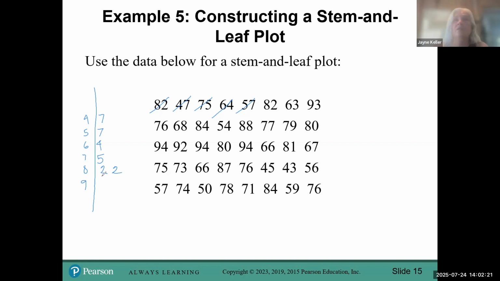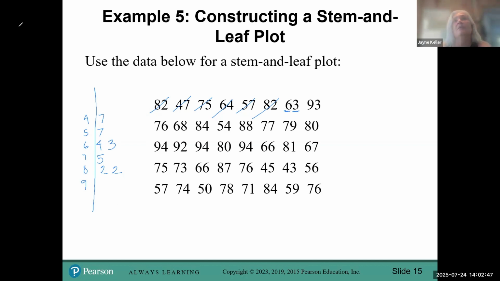This 2 represents one data item that was 82, and this one represents the second one. Now I've got 63, so I go to the stem of 6 and I put a leaf of 3, and so forth. For each of these numbers, I find the tens over here, and then I put the ones digit to the right.